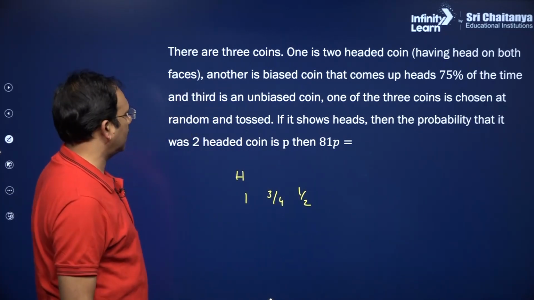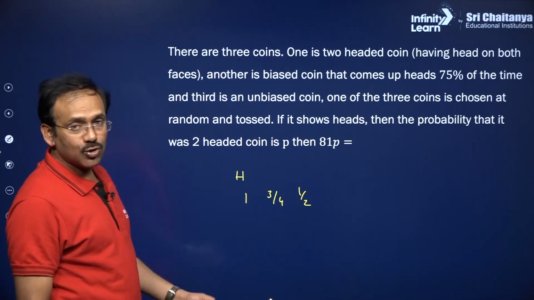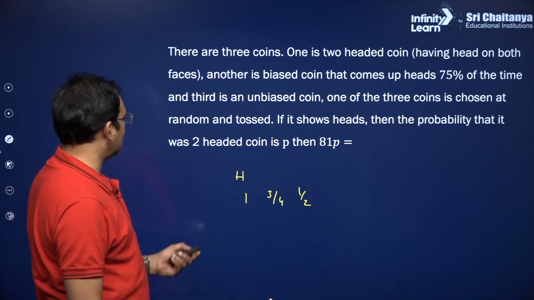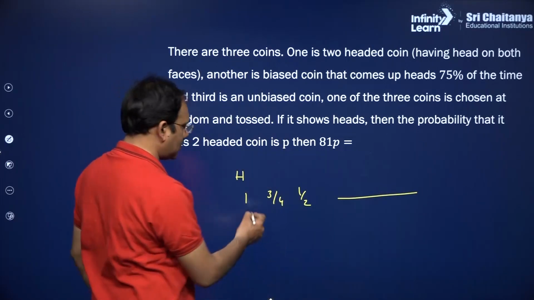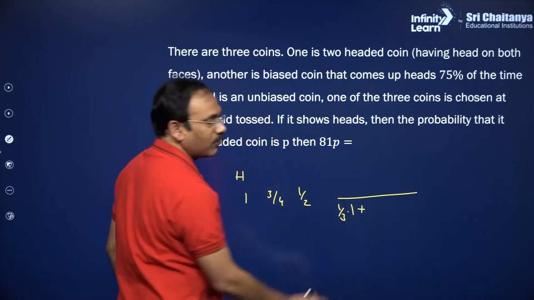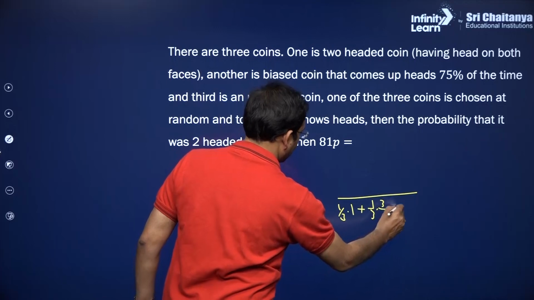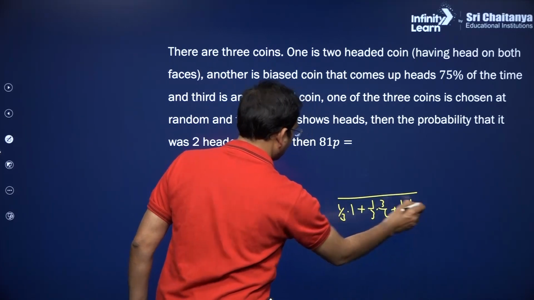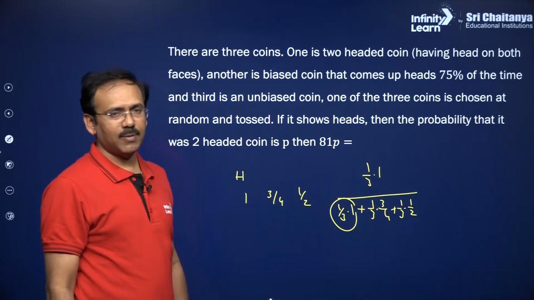Now, one of the 3 coins is chosen at random and tossed, it shows heads, then find the probability that it was the two-headed coin. You see, the total probability to get head is, you may get this coin with 1/3 chance, and getting head is probability 1. So, 1/3 into 3/4 plus 1/3 into 1/2. So, I want this case in the numerator. This is a Bayes theorem application.